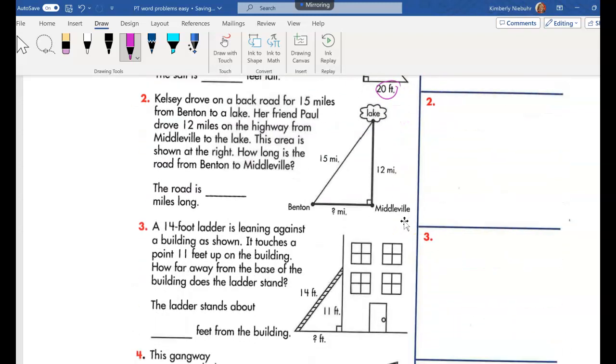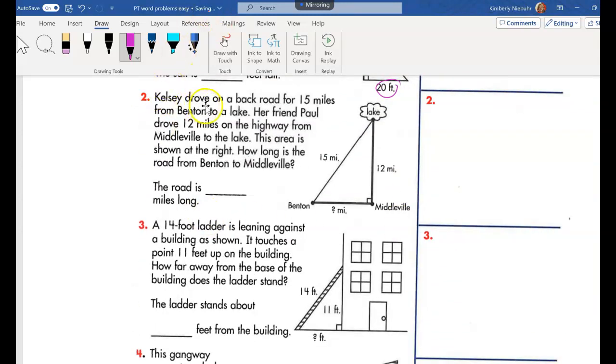All right, number 2. Kelsey drove on a back road for 15 miles from Benton to a lake. Her friend Paul drove 12 miles on the highway from Middlevale to the lake. This area is shown at the right. How long is the road from Benton to Middlevale?